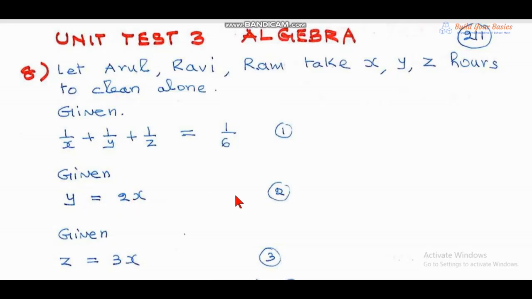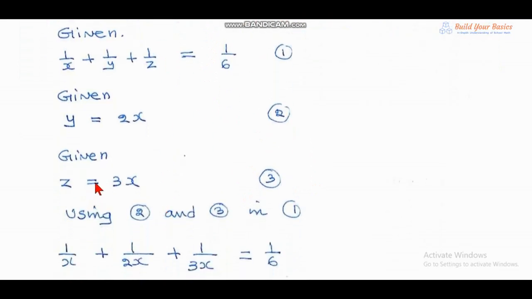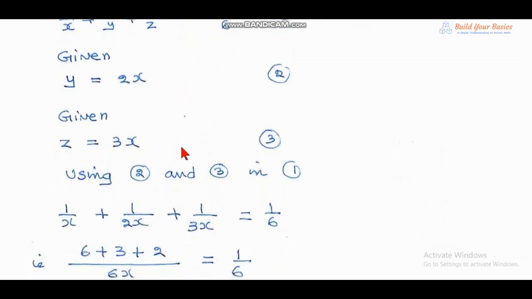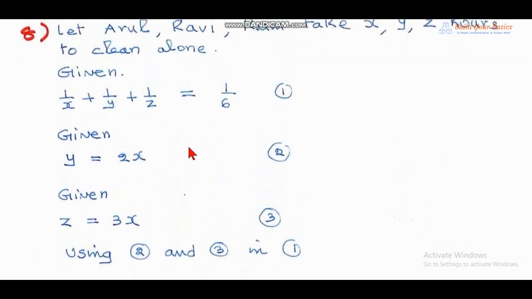Then third statement, Ram needs 3 times as long as Arul does. Ram, that is z, is equal to 3 times x. That is the equation for the third statement. So the three statements are converted into 3 equations. We have to get the values of x, y, z.